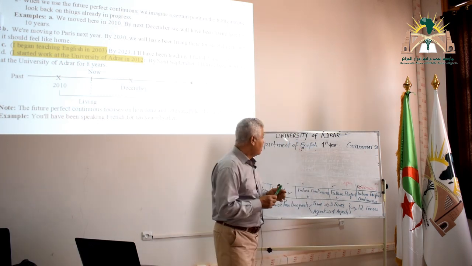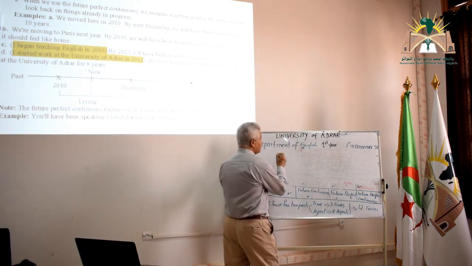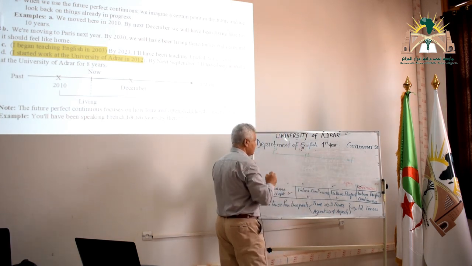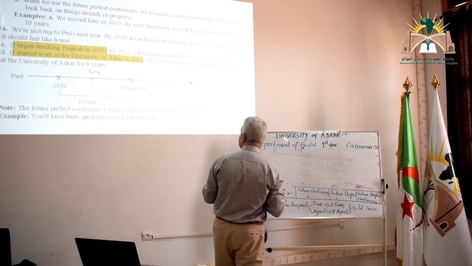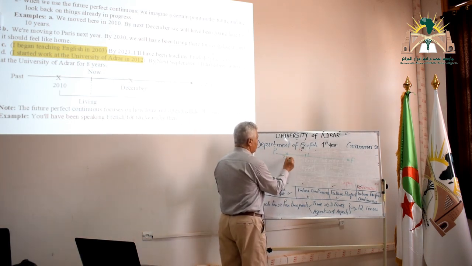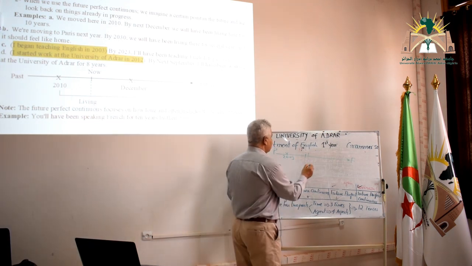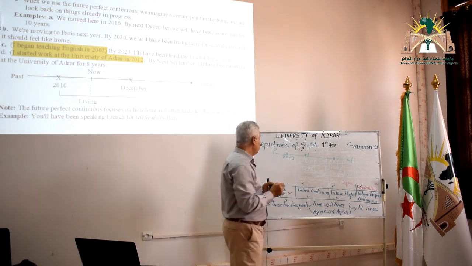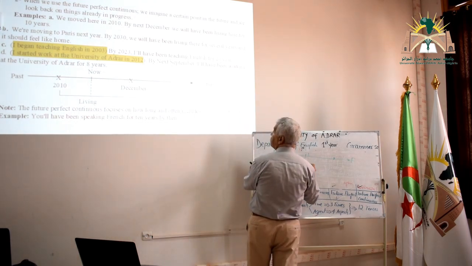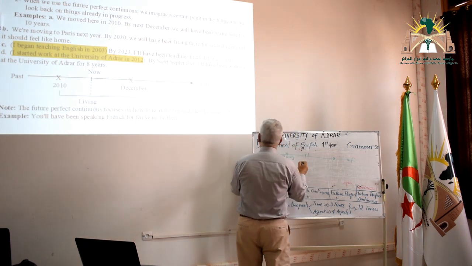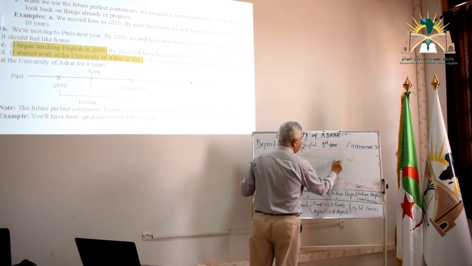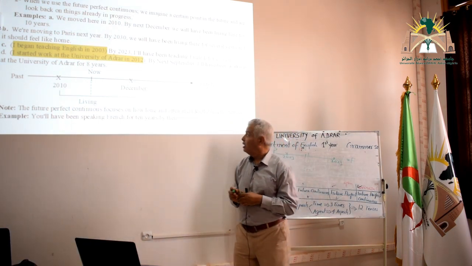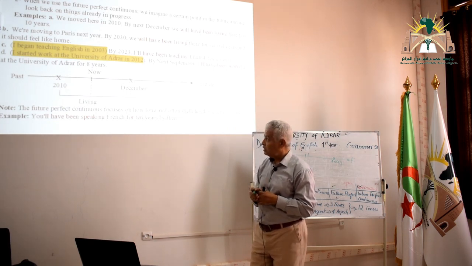All right? So we can represent this on a timeline: future, now, past. I began in 2003, and by a point in time in the future, that is by 2023, I will have been teaching English for 20 years.